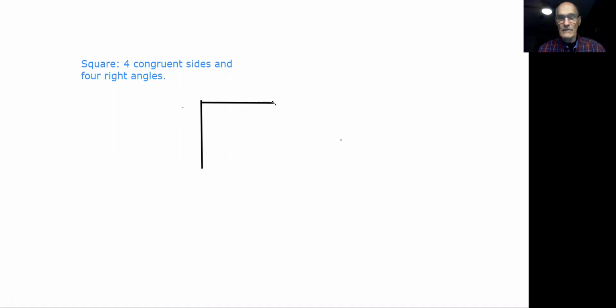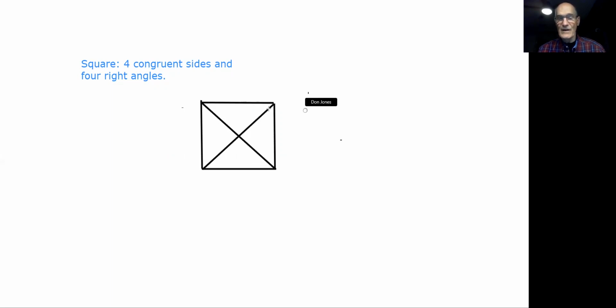Since a square is a rhombus, if we draw our diagonals, the diagonals will bisect these angles.